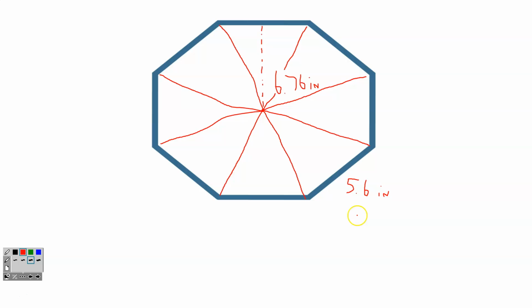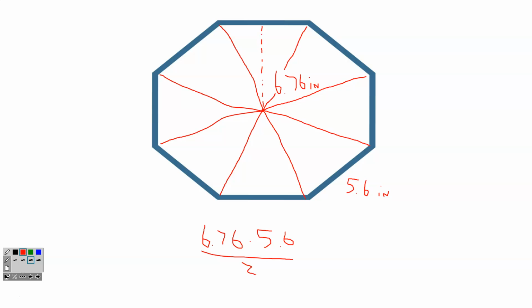So first thing we can do is find the area of a triangle, which is base times height. Here's my height of my triangle, so it's going to be 6.76 times the base, which is 5.6. And I'm going to remember to divide that by 2 because it's the area of a triangle.